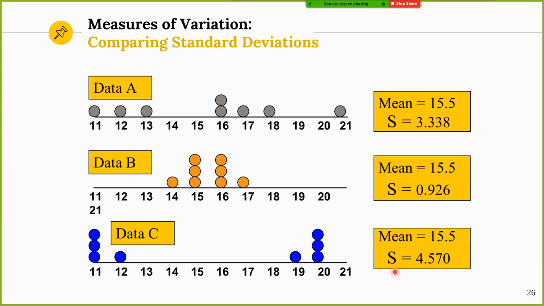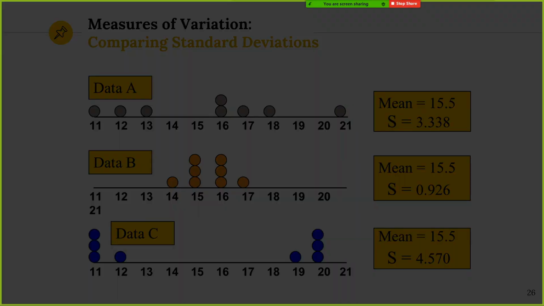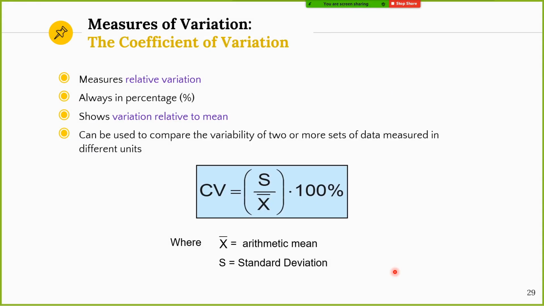You don't have a measurement of the standard. So that's why we use the coefficient of variation to know how big the standard deviation is compared to the mean that we have. Okay, can you see? So the variation relative to the mean.